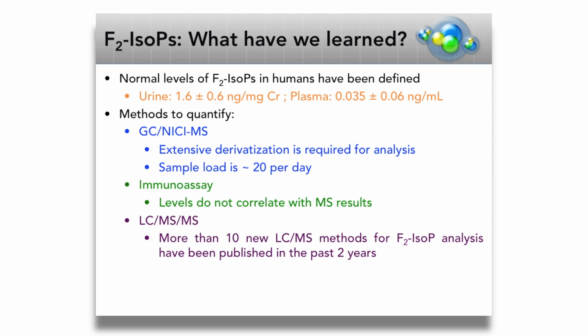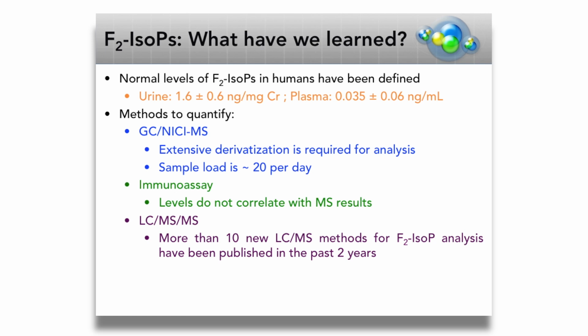In more recent years, immunoassay methods have been developed to quantify these molecules. But there have been a couple studies in the literature showing that levels measured by mass spectrometry do not correlate with levels measured by immunoassay. The levels measured by immunoassay are routinely higher than that noted by GC or LCMS, in fact. And this is probably because of the many different isomers of these molecules that are generated and the fact that they are structurally similar to prostaglandins.